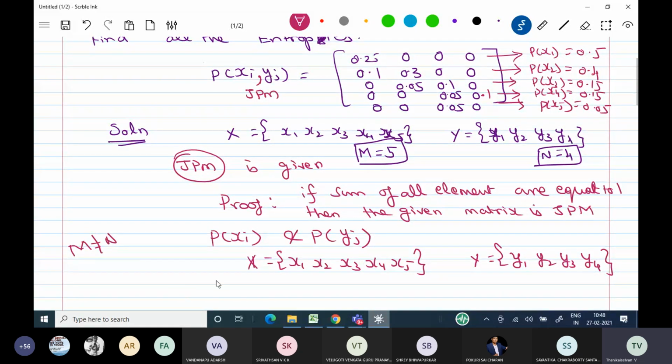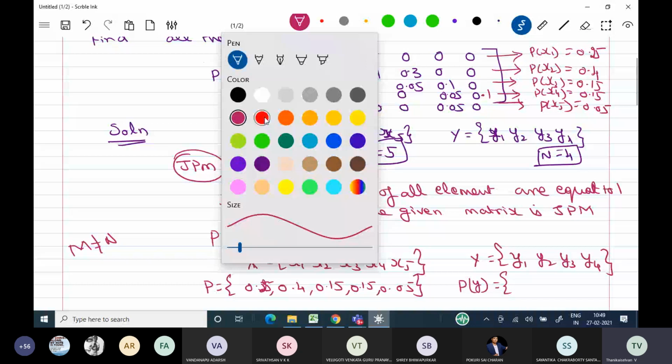Previously we have seen m is equal to n. Their corresponding probabilities are 0.25, 0.4, 0.15, 0.15, 0.05. If I am giving any wrong value, please notify. Probability of y, column wise I am going to add.